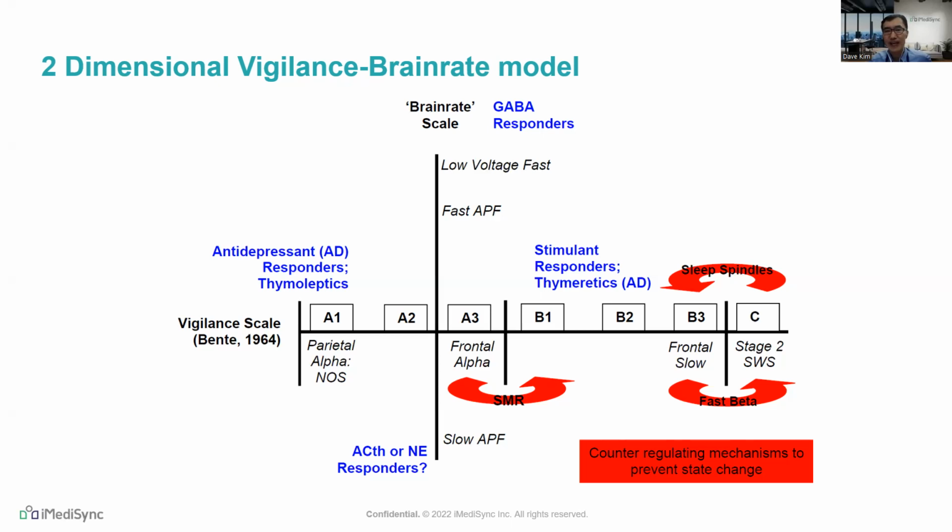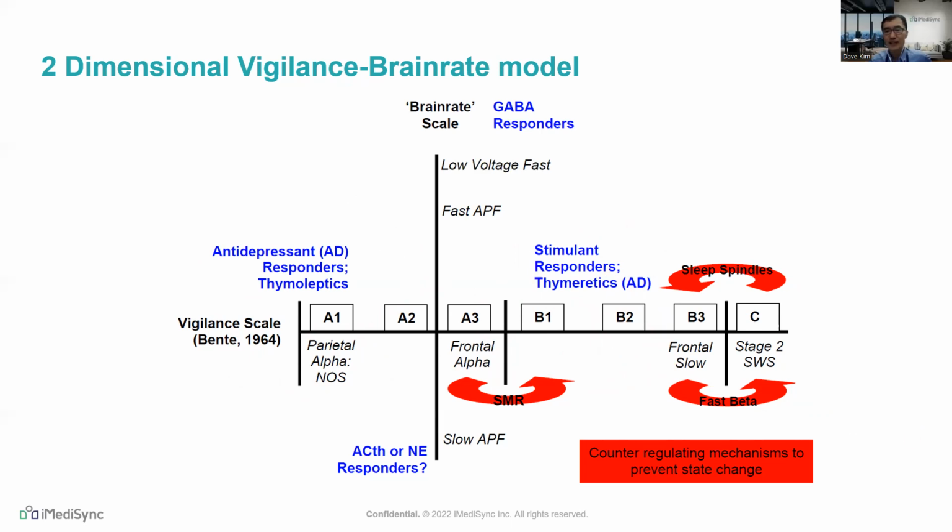A state with anteriorized alpha could be associated with brain fog and low mood, and this state responds to antidepressant medication, which gently activates the brain state. The B state, showing further slowing with theta activity, could respond to stimulant medication.